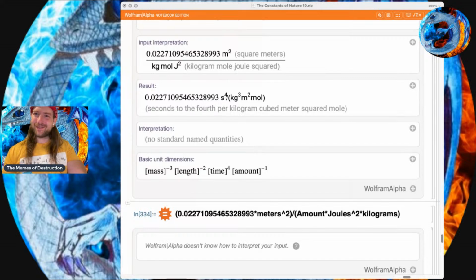I'm just gonna break it up into its dimensions. Meters and amount minus 1, don't I? Okay, so it's gonna be meters and then moles. Wait a second, it's meters and moles cubed, isn't it? So -3.